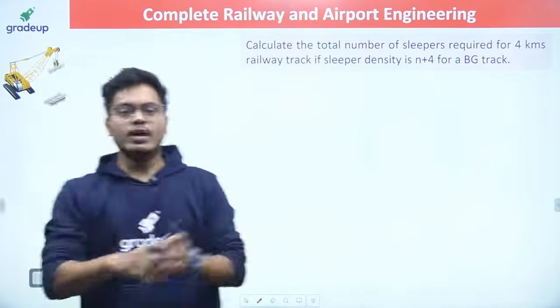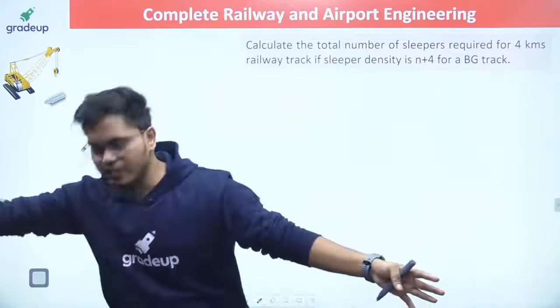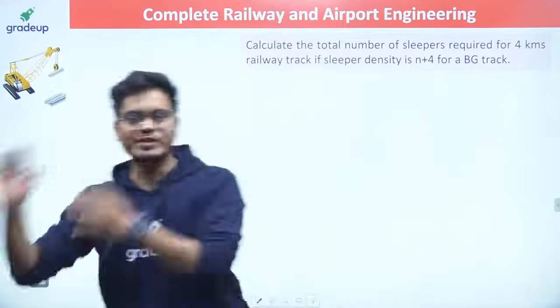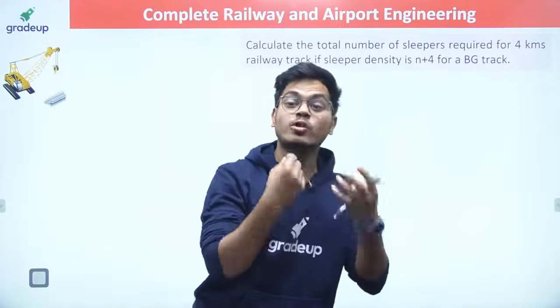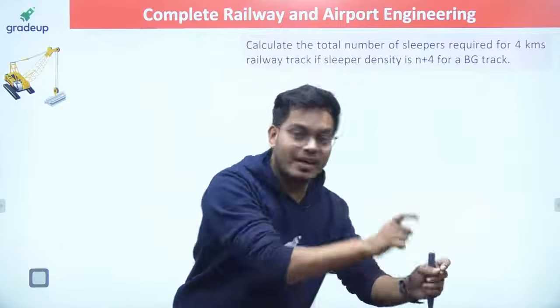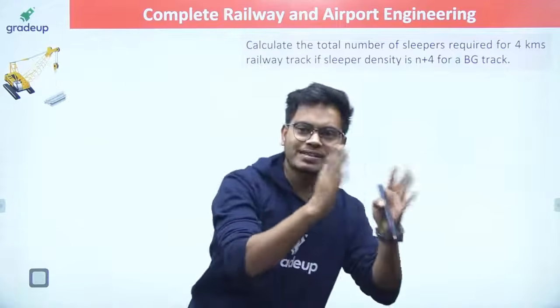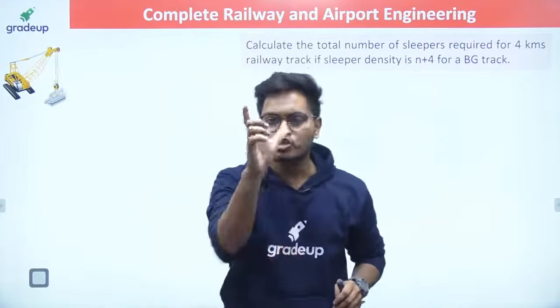If I'm going to construct a complete railway system from Agra to Delhi, I cannot manufacture a 160 kilometer long rail. I have to make that rail by combining different short rails.